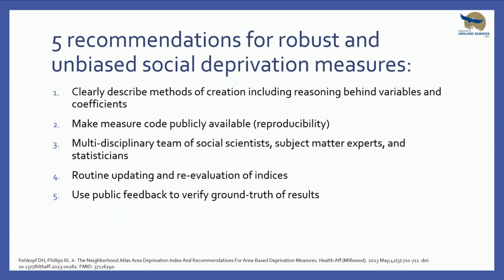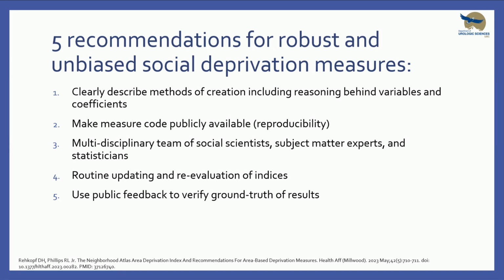A recent paper published in 2023 gave 5 recommendations for robust and unbiased social deprivation measures. As we create new social deprivation measures, it's important to clearly describe methods of creation, including the reasoning behind variables and coefficients, so saying why you picked certain variables. Make the measure code publicly available to ensure reproducibility.